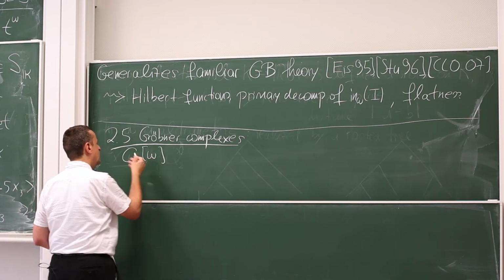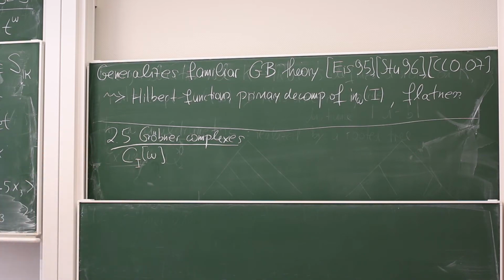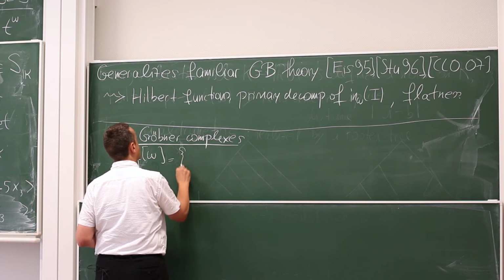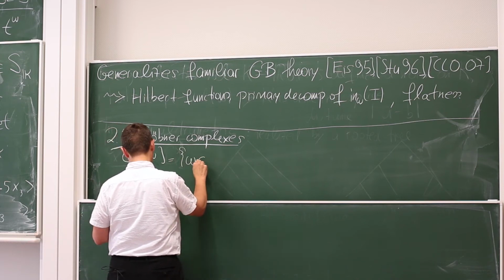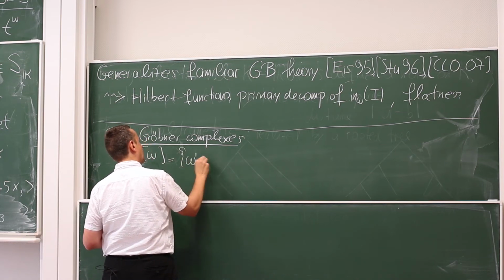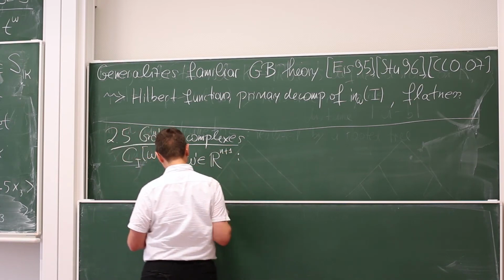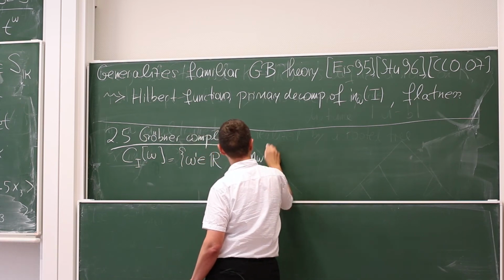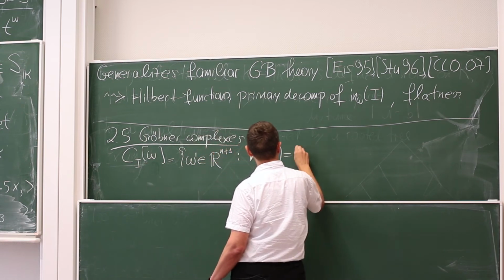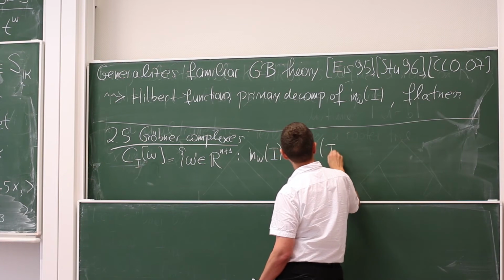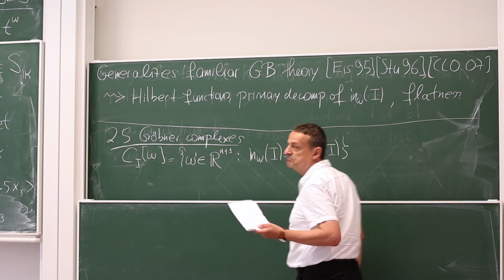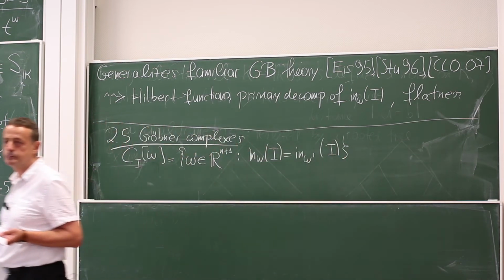I'm given an ideal I as before, a homogeneous ideal in a polynomial ring in n+1 variables over a field with valuation, and w is a vector in R^(n+1). Then this is the set of all w prime, all other vectors in R^(n+1), that select the same initial ideal.